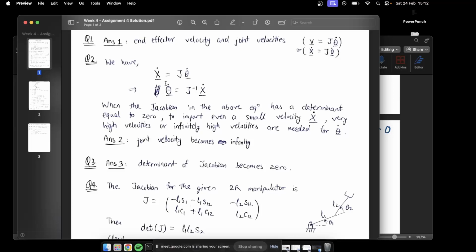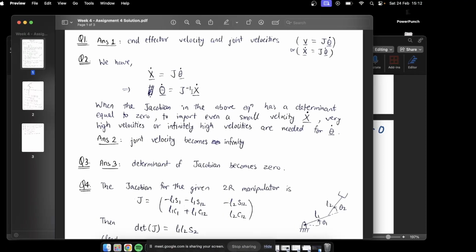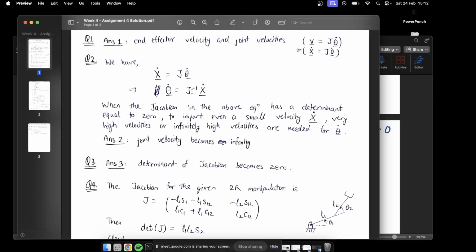The inverse of a matrix does not exist when the determinant becomes zero. If it's a square matrix, which is the case if the manipulator is non-redundant, then the inverse is the adjoint of J by determinant of J, right?